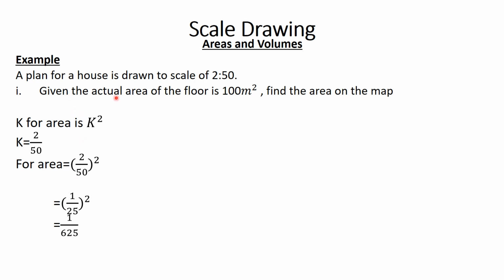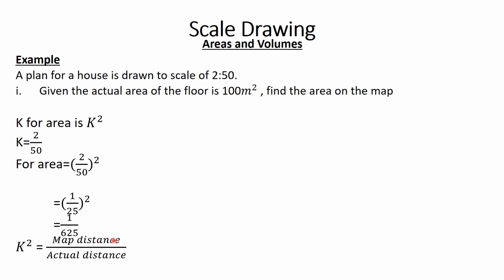The question says the actual area of the floor is 100 meters squared, and they want the area on the map. So remember, map distance over actual distance. On this side we're going to put our k squared, which is 1 over 625.